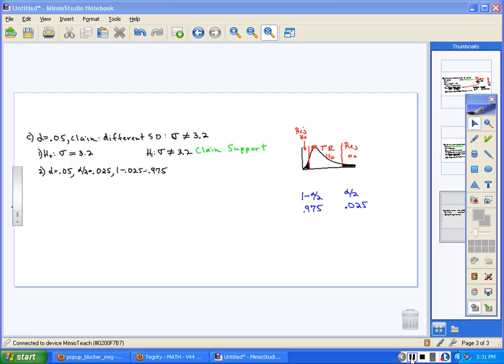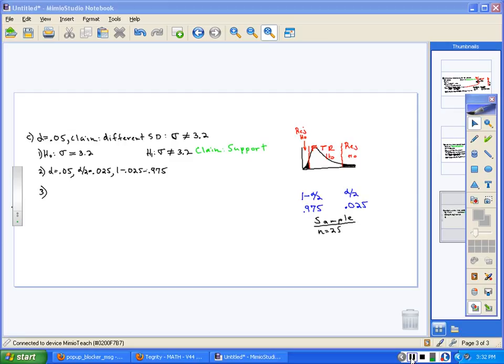Okay. Step 3. Now we're going to need some sample data. And I can fit that over here, I think, underneath this. And it says that the bank experiments with a single waiting line and finds that for a random sample of 25.